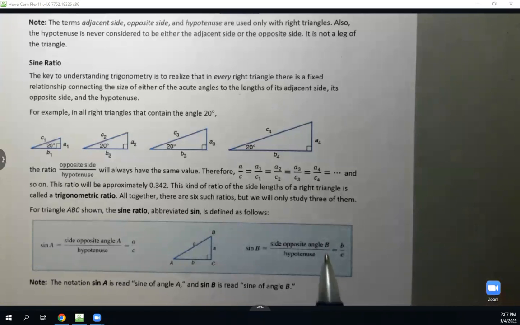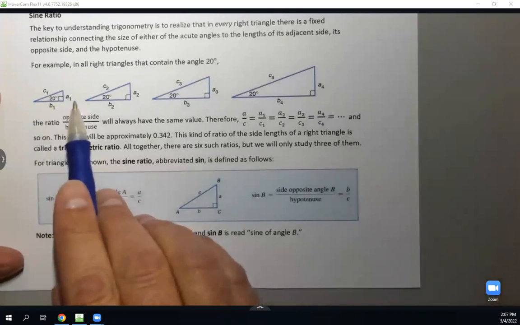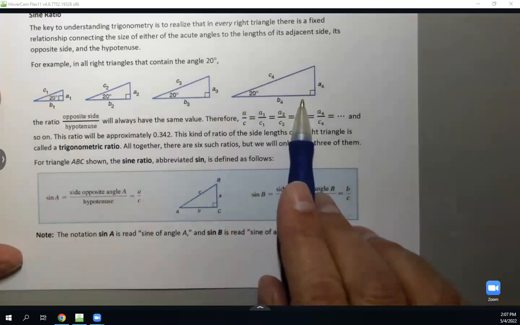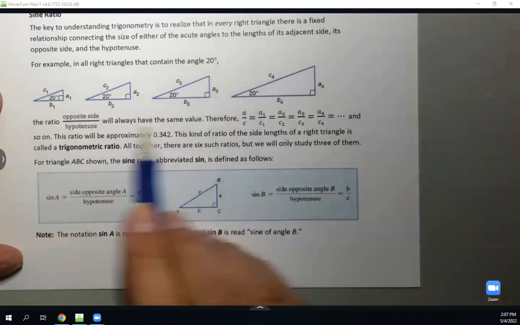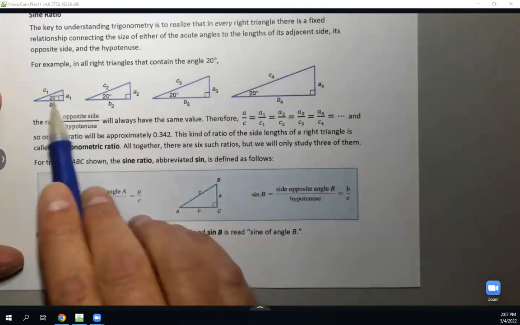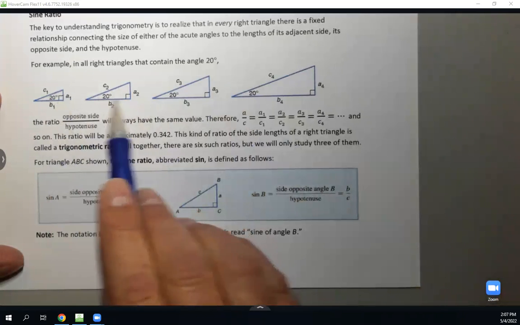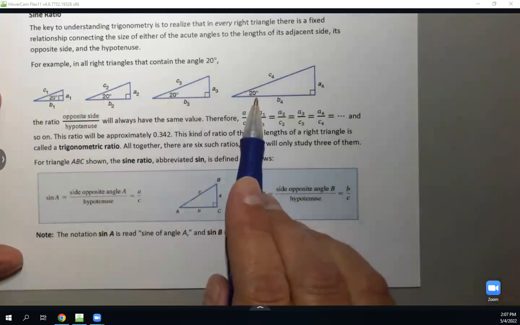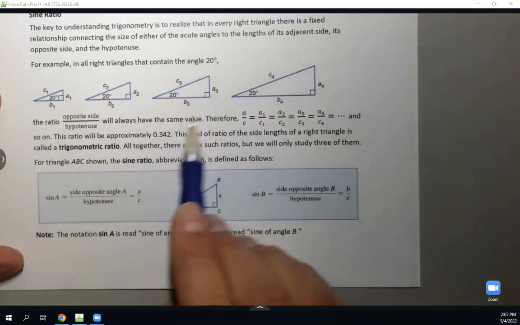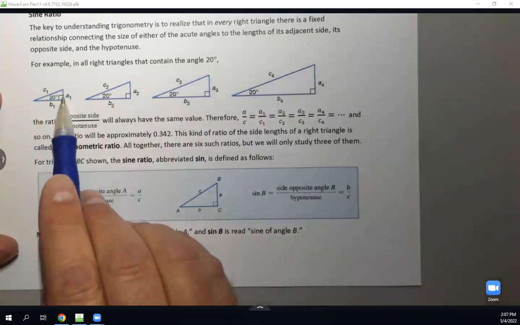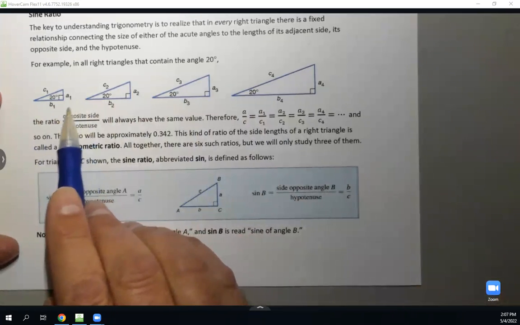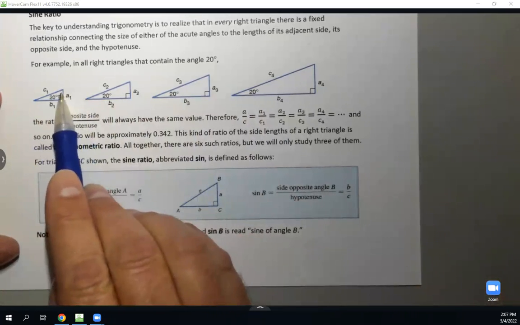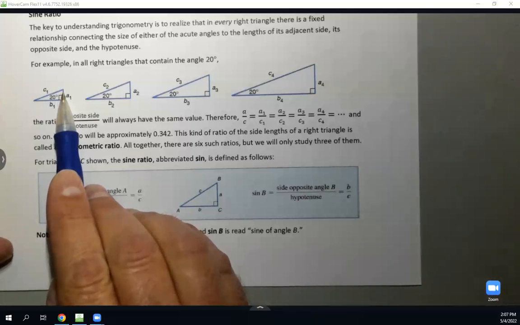For example, if I look at these four different triangles right here, all of these have 20-degree angles here, here, here, here. Does that make sense? If that's the case, and if it's a right triangle, then if this is 20 degrees, the other angle up here has to be 70 degrees.